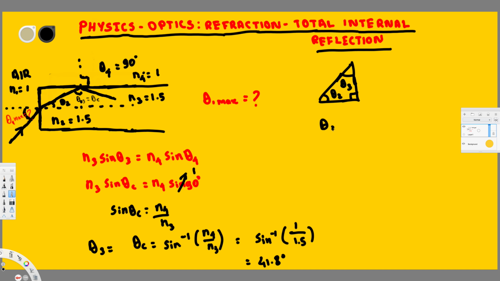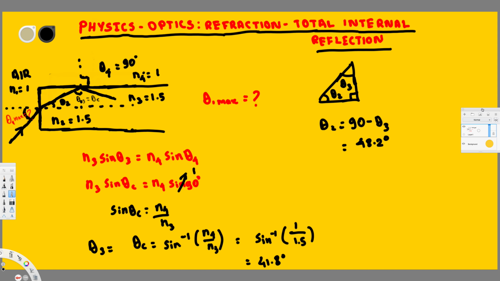Therefore theta 2 is going to be 90 minus theta 3, and if you calculate this, that's going to give you 48.2 degrees. So what this means is this angle must be 48.2 degrees or less in order to have this light stay inside of this fiber optic cable.